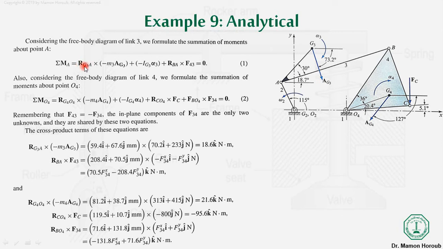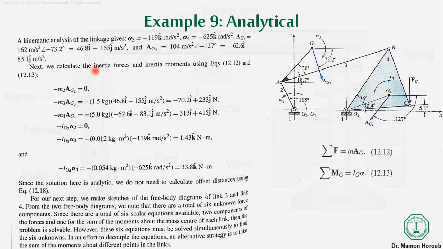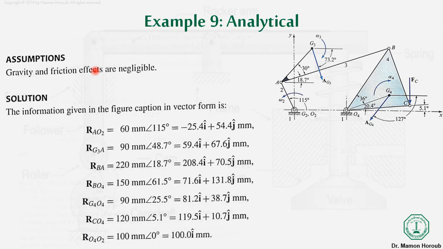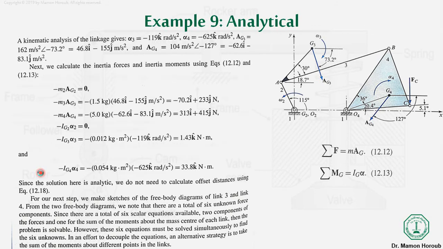Okay, so the next thing is to put in the value of RG3A, that we already know. If we go back and come here, we can put all these values in the summation of moments.